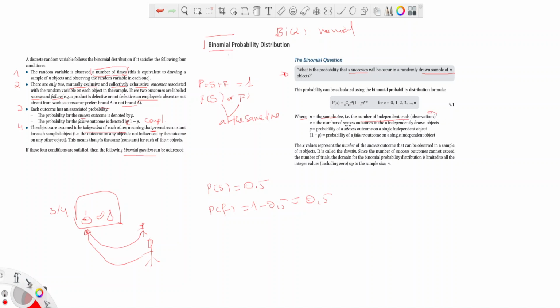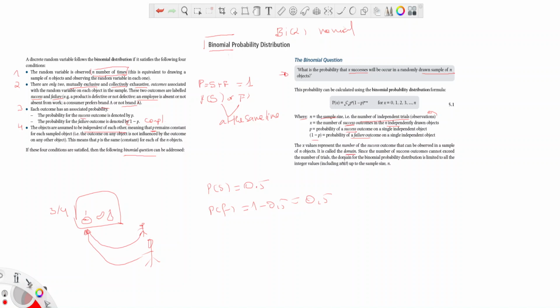And X is the number of successes of that outcome in the independently drawn objects. Then you have the probability P, which is the probability of success. So this success would have a probability, obviously. Then 1 minus P is the probability of failure of a single independent object. So the X value represents the number of success outcomes that you can observe in a trial, and it's also generally referred to as your domain.